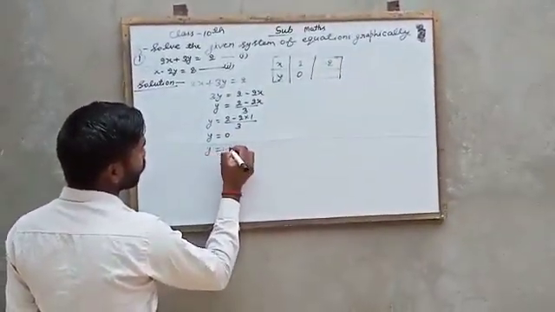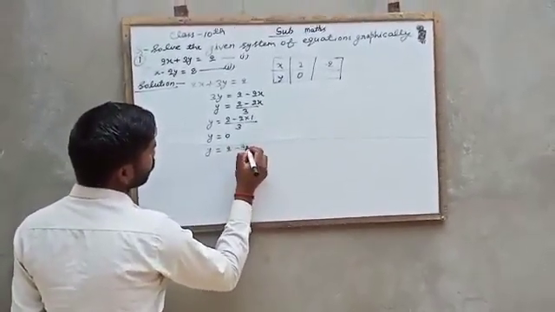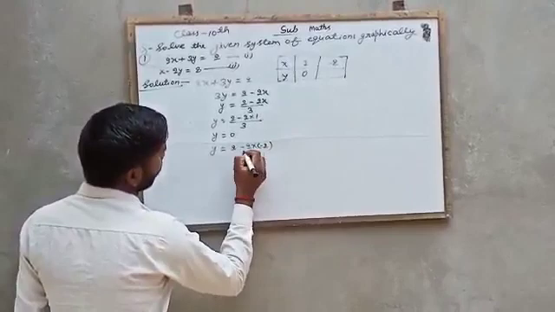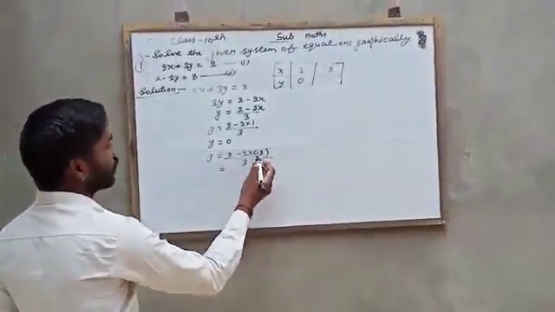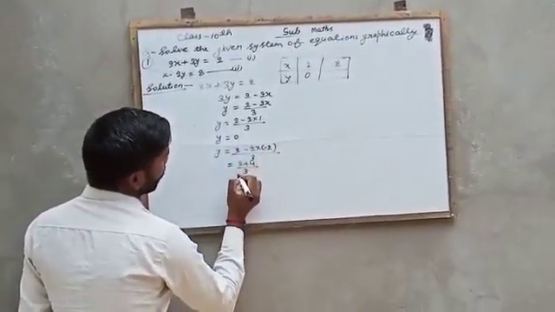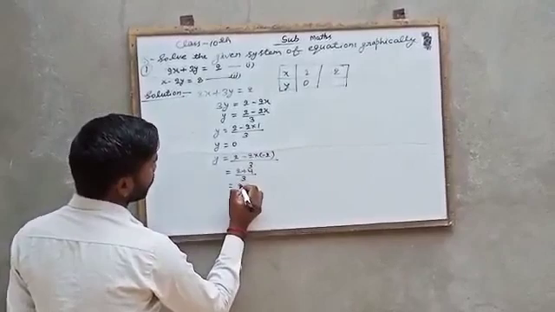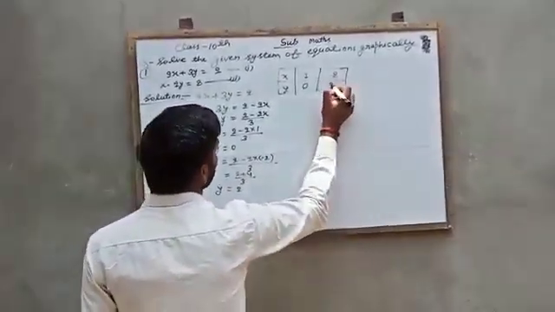So y is equal to (2 minus 2 into minus 2) upon 3. It will become 2 plus 4 upon 3, it will be 6 upon 3, means 2. So it will become y is equal to 2.